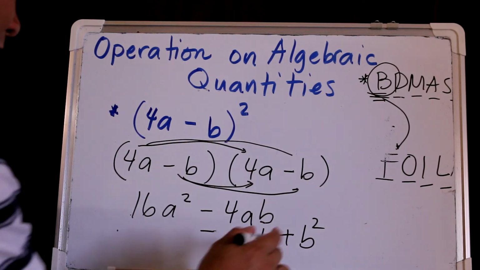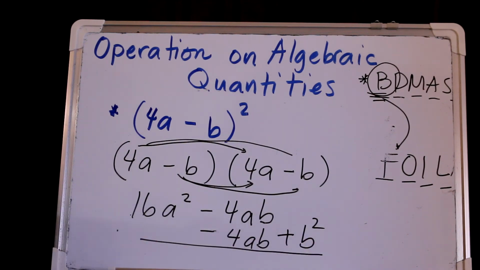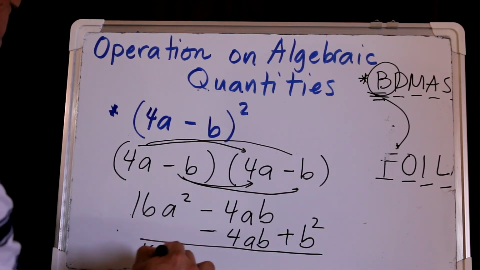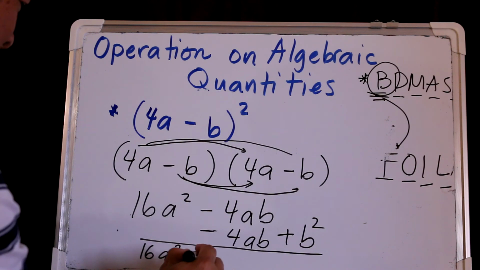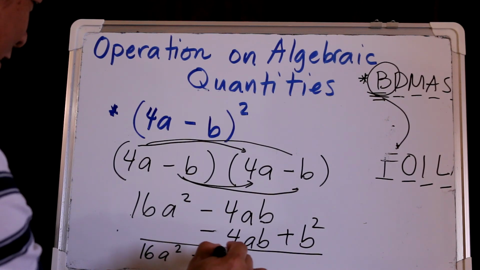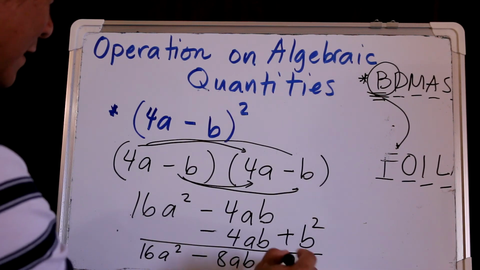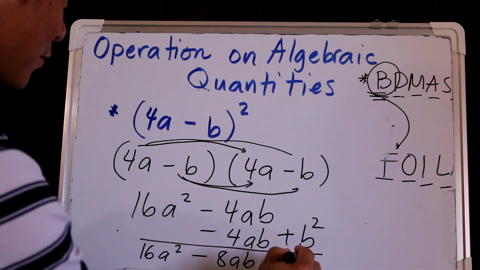Okay, so the answer here would be 16a squared minus 8ab plus b squared.